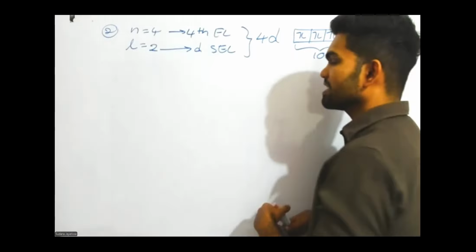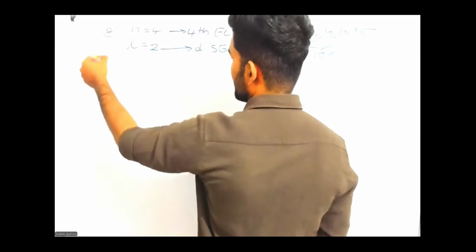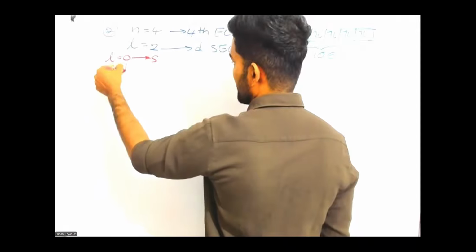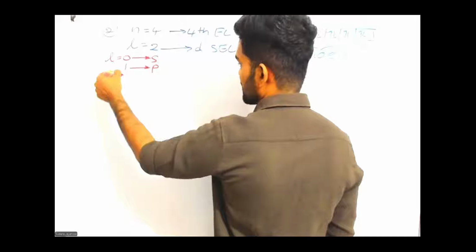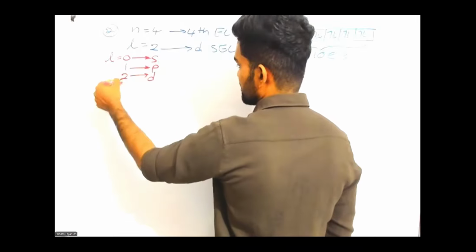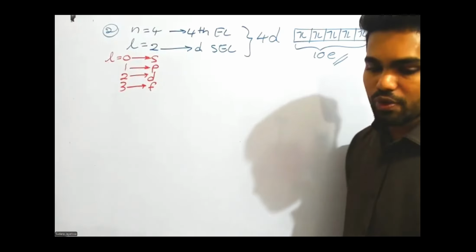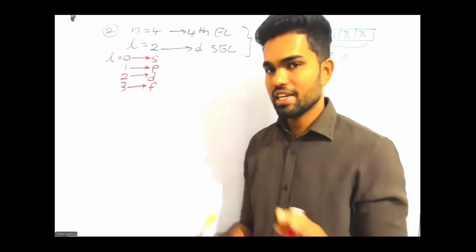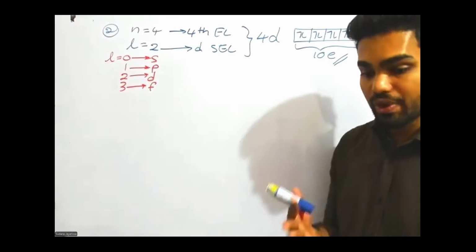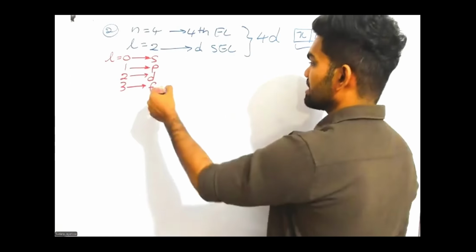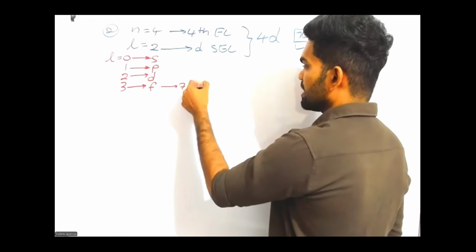That's it. It's a very easy question, right? And remember, if l equal 0, it is s. If l equal 1, it is p. 2, it is d. 3, it will be f. In the fourth energy level, you have 4f also. But here it's not asking for f, it's asking for d. Then don't be confused, because in 4f you will have 7 orbitals and 14 electrons.